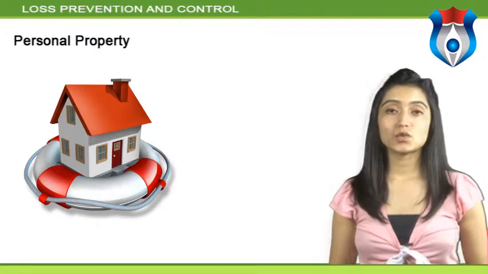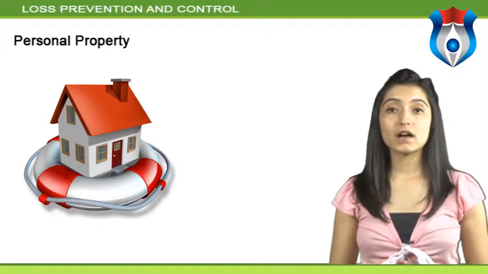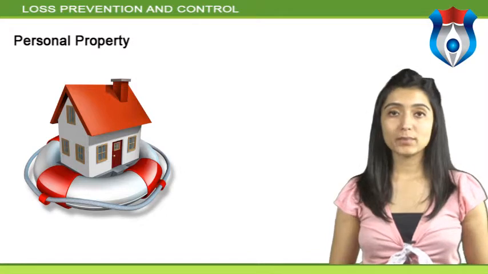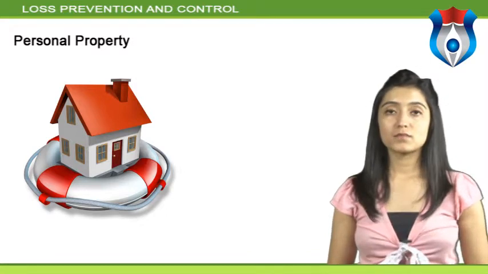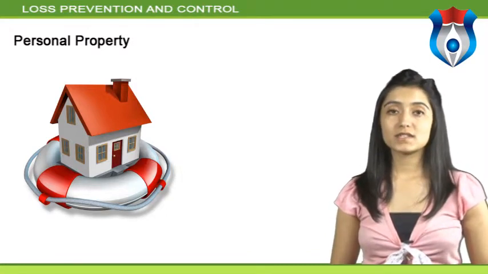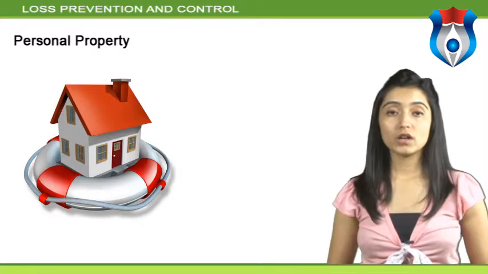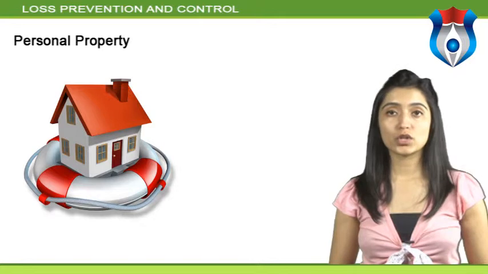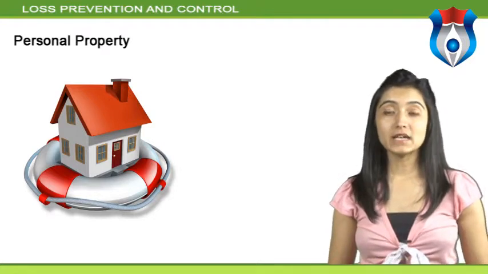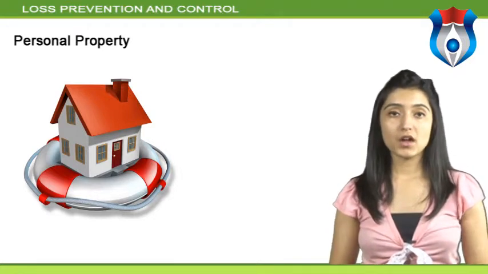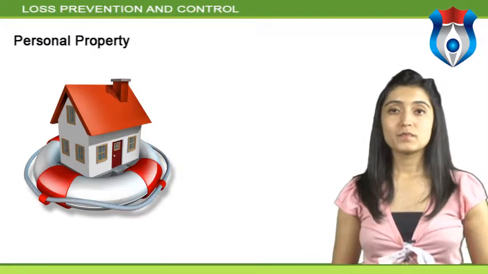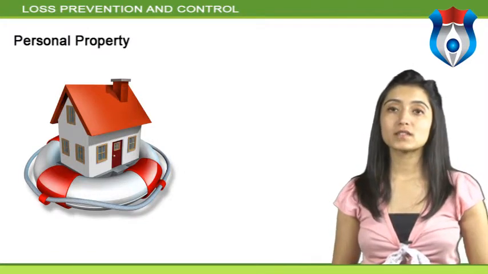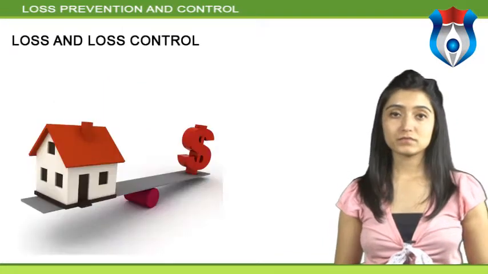Tangible property includes money and securities, accounts receivable, inventory, furniture, equipment and supplies, machinery, data processing hardware, software and media, valuable papers, books and documents, mobile property such as automobiles, aircraft and boats. Many items of intangible property are legal rights rather than things.